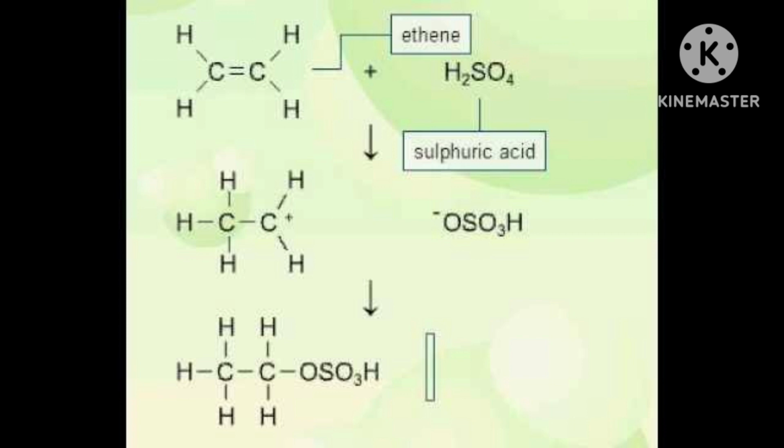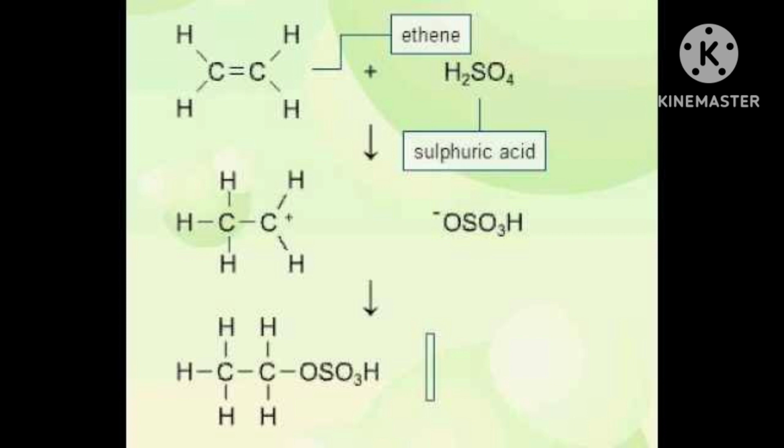Ethyl hydrogen sulfate, because now CH2 became CH3 since one hydrogen added to CH2, and with the second carbon the remaining part of H2SO4 is attached. Then it becomes CH3CH2OSO3OH, and in a simple way you can write C2H5HSO4.